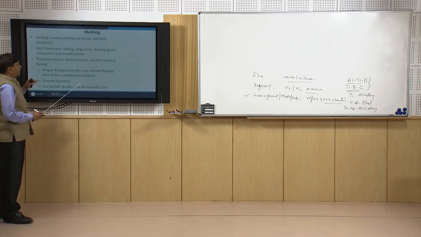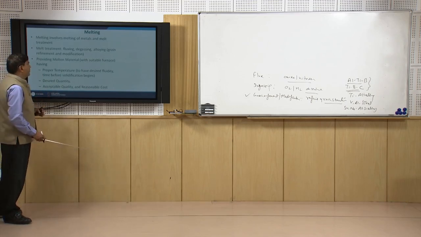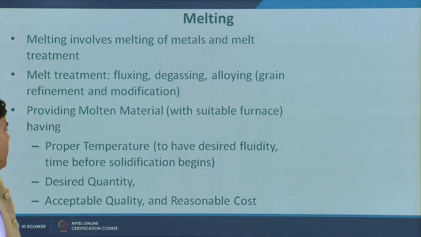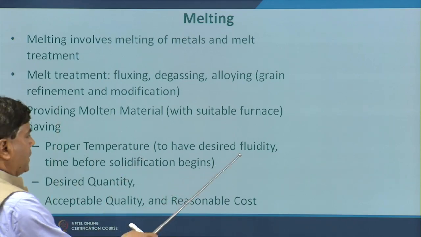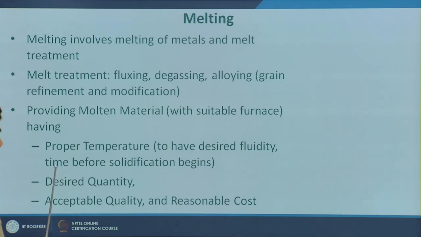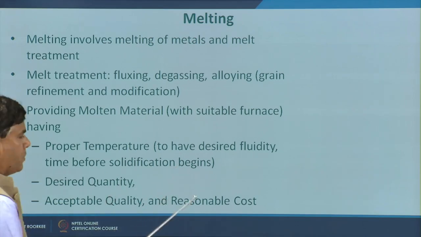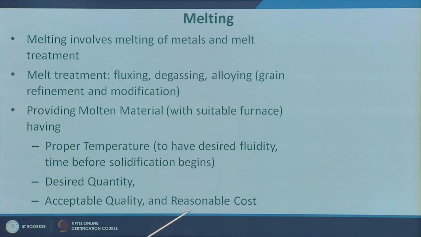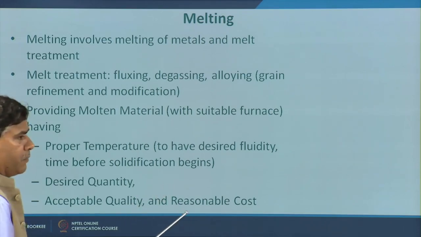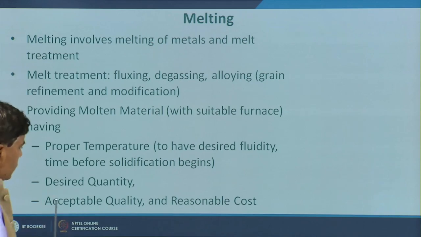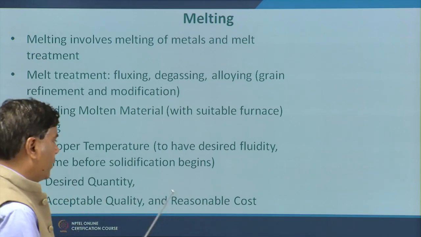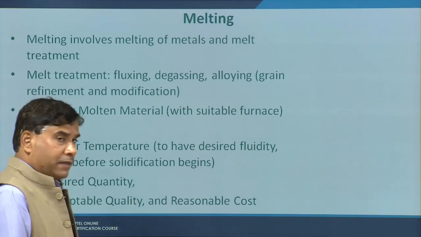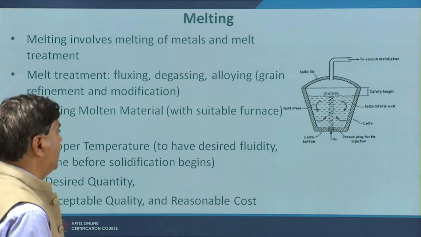So this is the scope of the melting, like supplying the molten metal at the proper temperature, so that the desired fluidity is maintained and the molten metal gets enough time to fill the mold cavity before solidification begins, so that it does not lead to misrun or lack of filling kind of defects. The molten metal should also be available in the desired quantity for filling the mold cavity, and of the required quality at a reasonable cost. So, this is the objective of the melting.